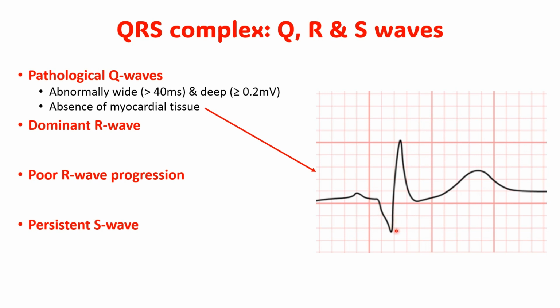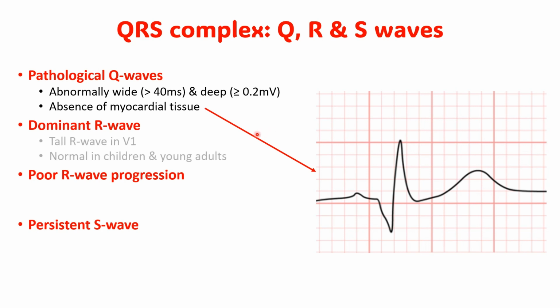Typically our pathological Q waves form after patients have an MI. They can also happen in hypertrophic cardiomyopathy, infiltrative disease such as sarcoidosis or amyloidosis, and sometimes in lead placement errors, particularly when the upper limb electrodes are placed on the lower limbs.